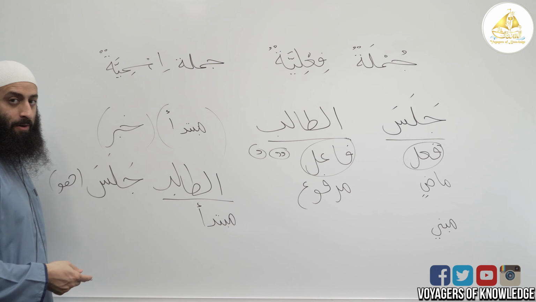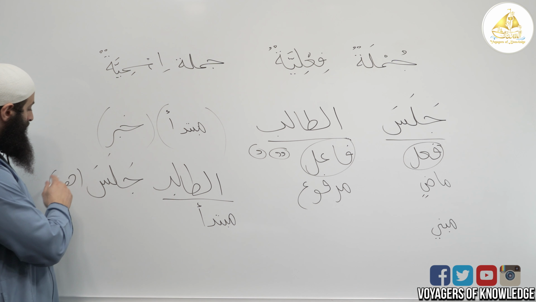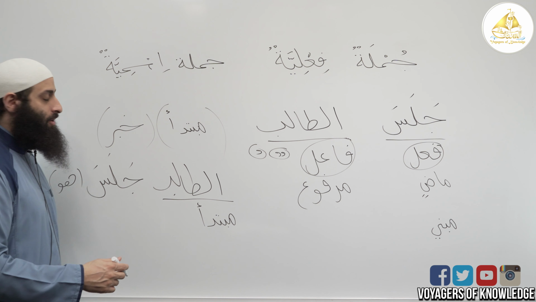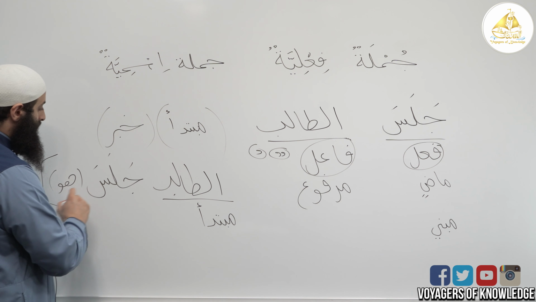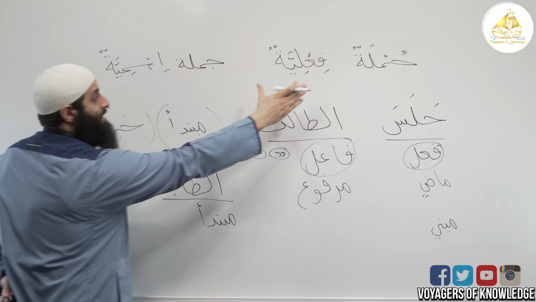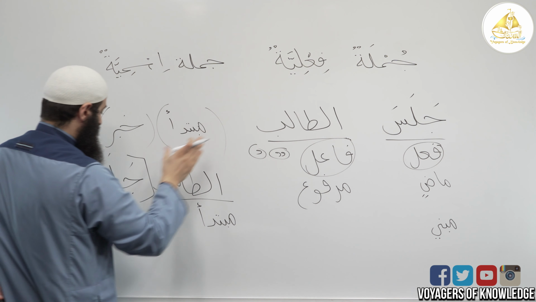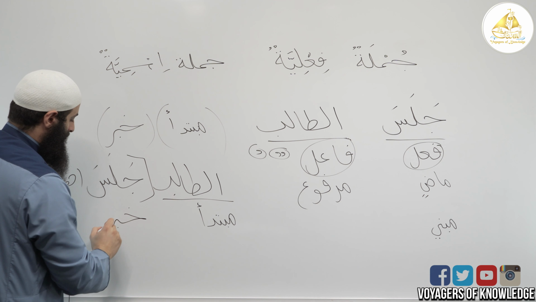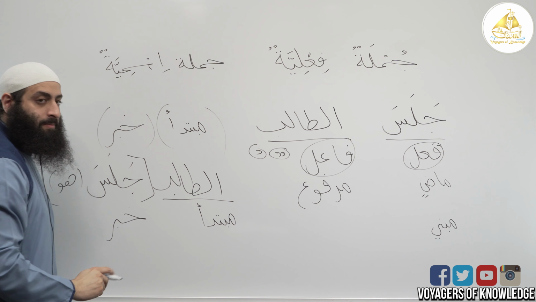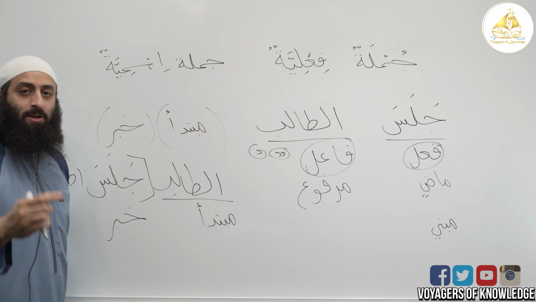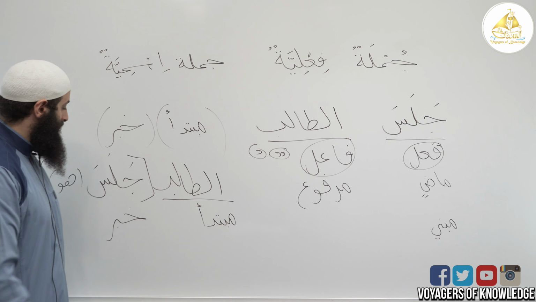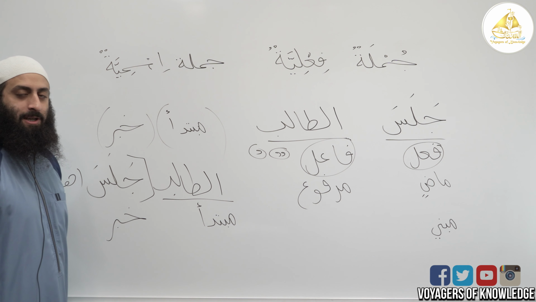That's just huwa there. I'm just running out of space. Okay? So can we say jalasa, the verb, is the khabar? No. The entire verbal sentence is going to be the khabar. Because we said khabar can be a singular word, it could be a partial sentence, or it could be a complete sentence. This is a complete sentence, jalasa, he sat.